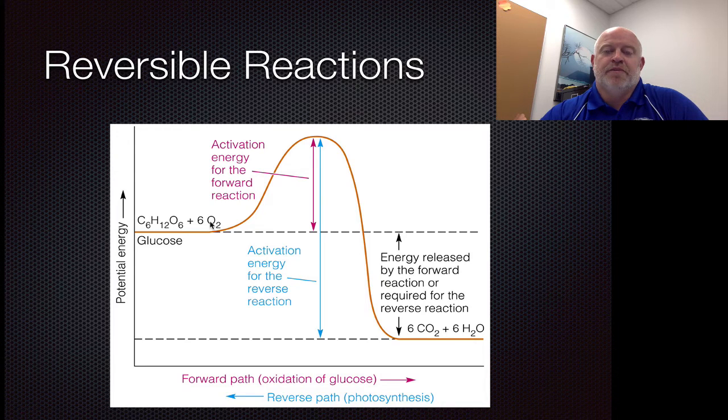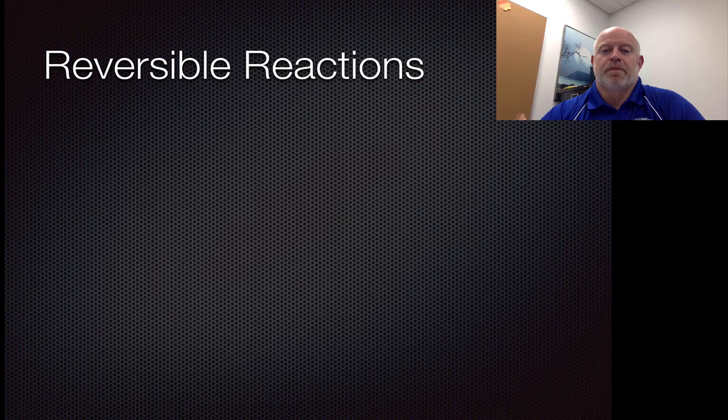So here's another example from the biological world where we do have a reversible reaction, and in our bodies and in plants especially, we need to have both these things possible because photosynthesis is needed to generate the glucose, and then later in the process, plants need to take that glucose and utilize it as an energy source. So we need to have that be able to go in both directions. But the take home is that both directions need to go over the top of that same activation energy.